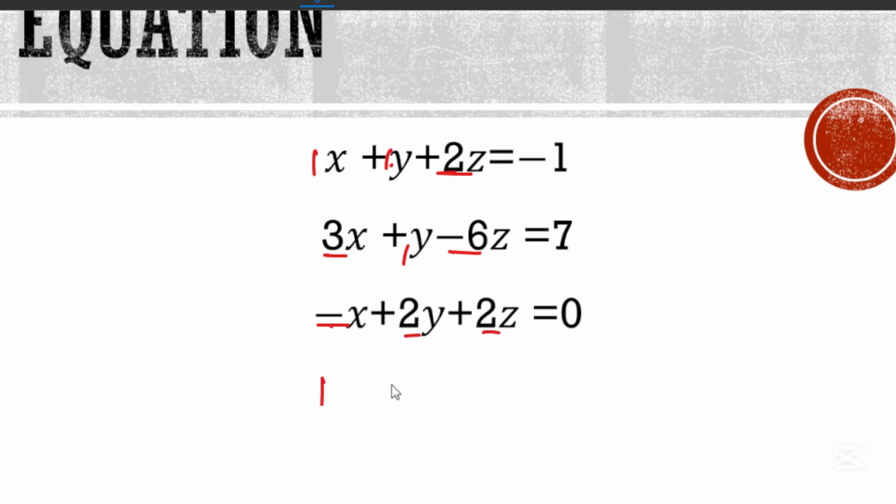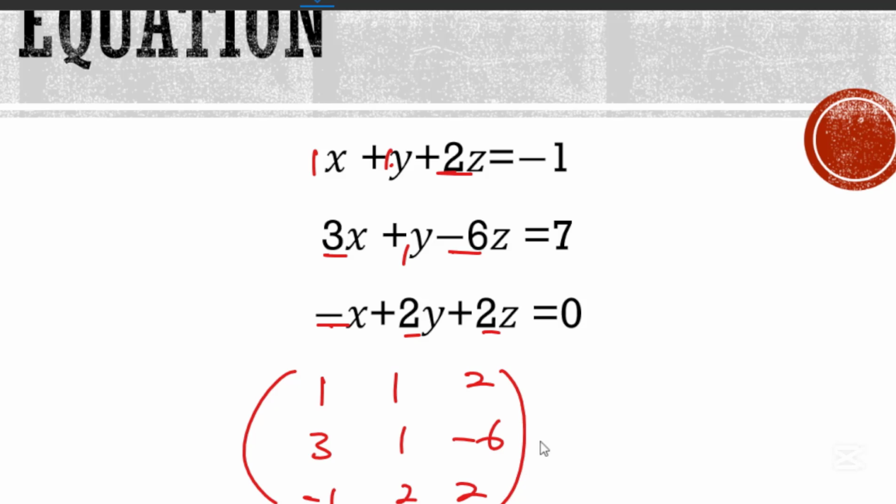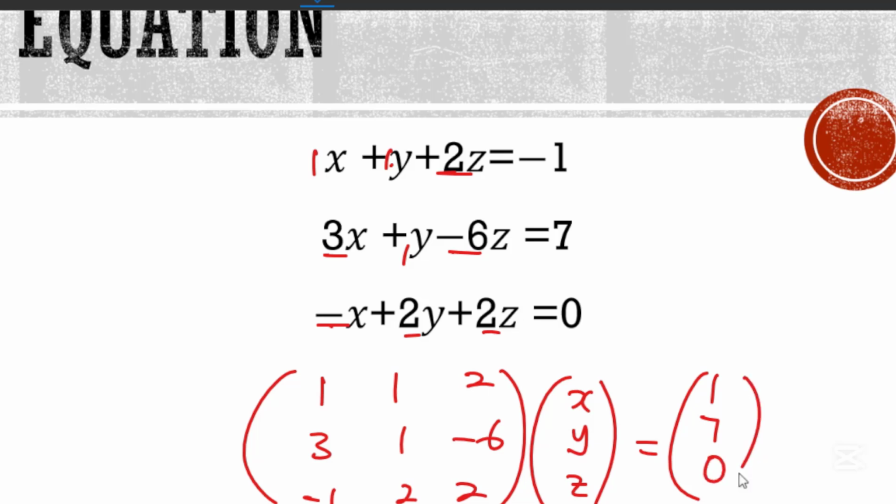So in matrix form, we have 1, 1, 2, 3, 1, negative 6, negative 1, 2, 2. Then we write the variables also in matrix form: x, y, z. These are the three variables that we have, equal to 170.